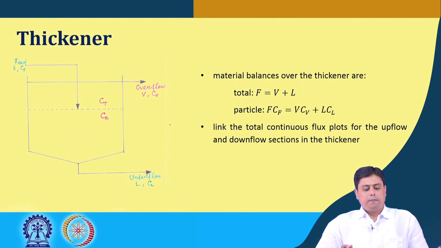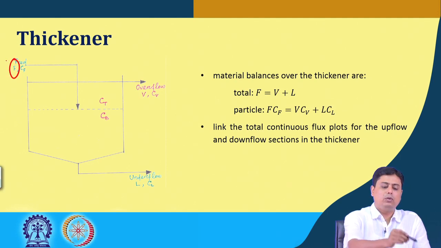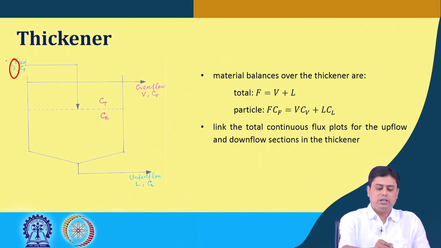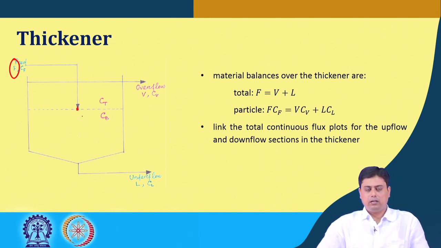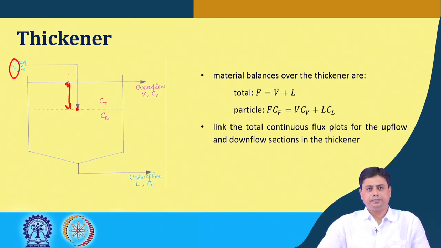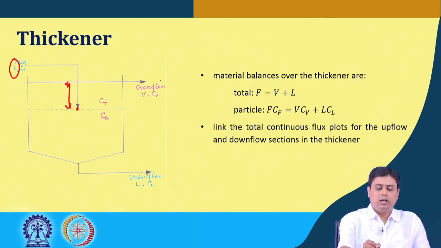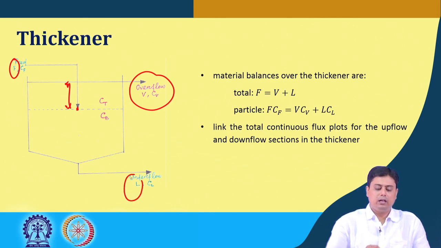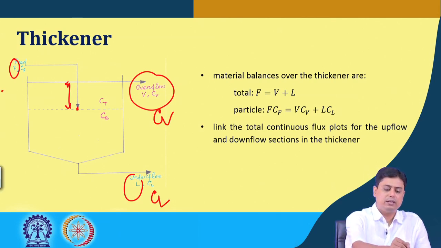If we consider that the volumetric feed rate is F, and the corresponding feed concentration is Cf, which is introduced at a certain depth from the top of the vessel, then say we have the overflow volumetric flow rate V and the underflow L. The corresponding concentrations are Cv and Cl, like here we have Cf.